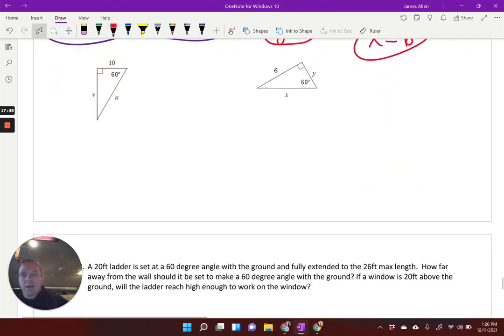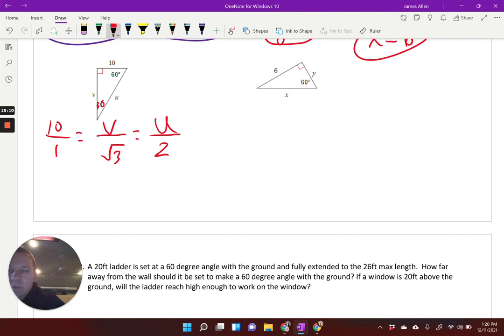Cool. Now, 30, 60, 90 again. This guy right down here is my 30. So I've got 1, root 3, 2. Across from my 30 is 10. Across from the 60 looks like V. And then across from the 90 is my U. Cross multiply and solve.